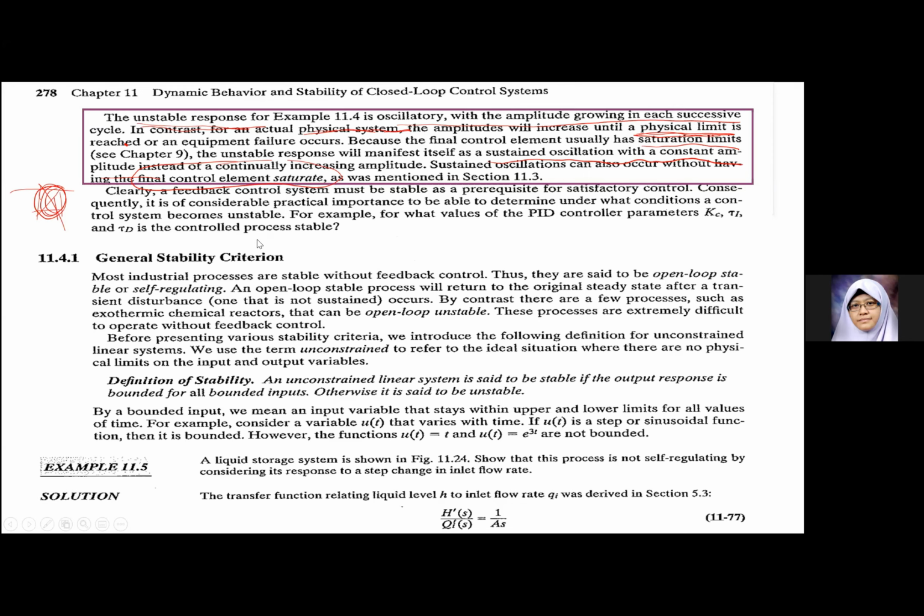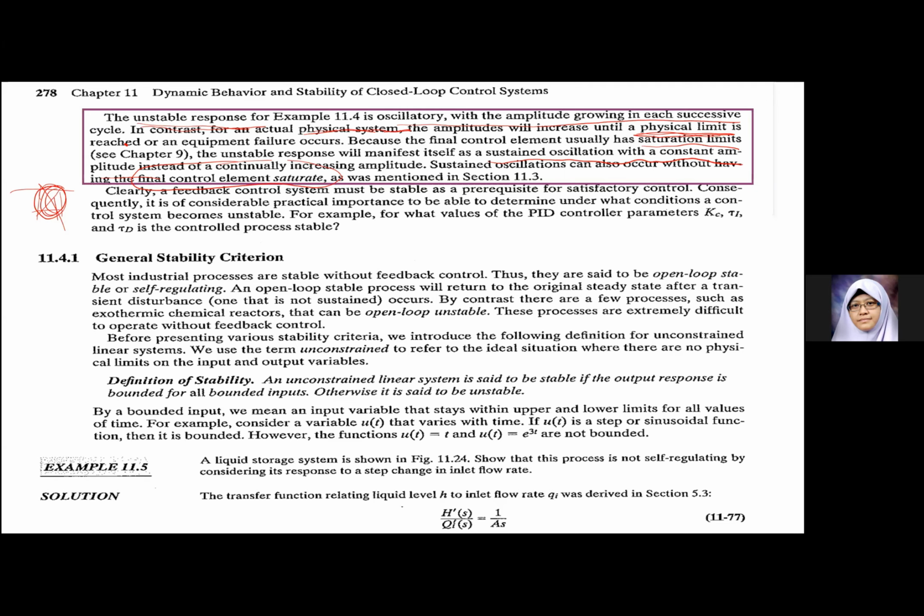Okay, so it is of course of practical importance for you to know that. That is why we need to have an idea of in which region the system becomes unstable. Okay, so feedback controllers are easy to operate, but we have to know in which region it becomes unstable.